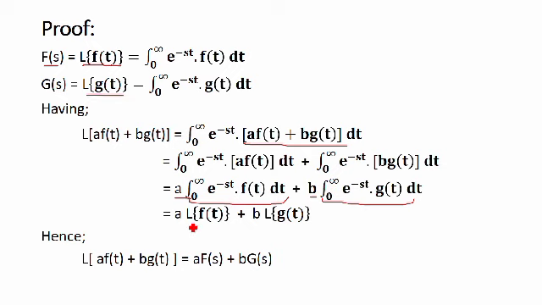So we can literally replace those with their Laplace transforms, and then we can conclude that the Laplace transform of this expression is just equal to the constant times the Laplace transform, plus the constant here times the Laplace transform of g of t, which is G of s. This is the linearity property. And if at all we had a minus here, similarly we would be having a minus here.